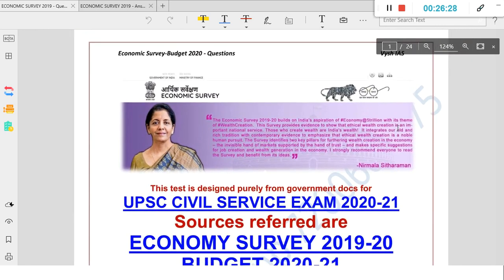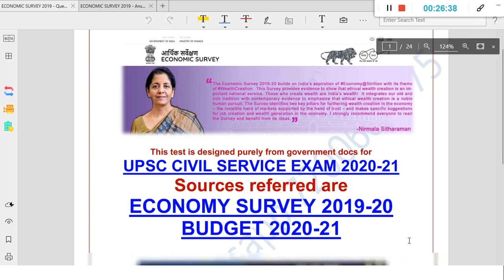So, the 2020 economic survey. One more thing you should know: the name of an economic survey of a particular year will always be the preceding year. Like the budget, what do you call this time's budget? Budget 2020-2021. That's how the name will be. But the economic survey will be named economic survey 2019-20, because you're doing a survey of the things which happened in the previous year. Some students had this doubt also.